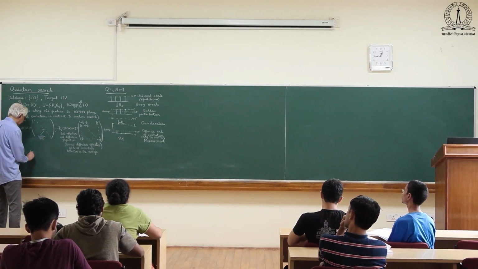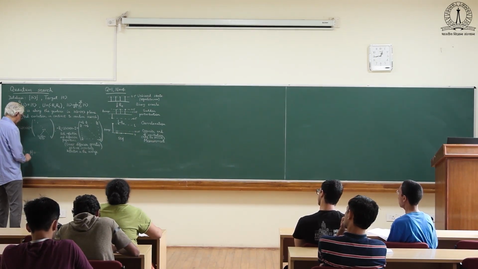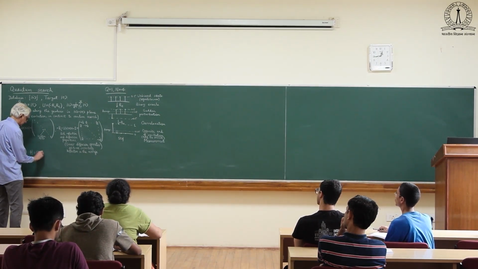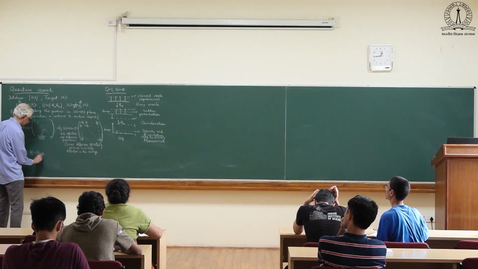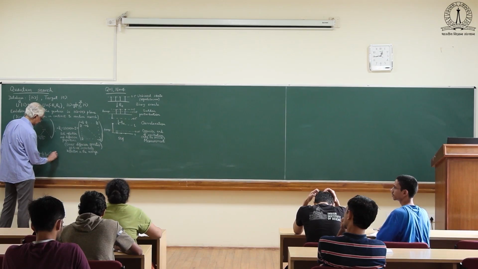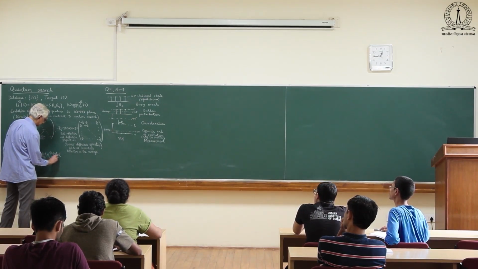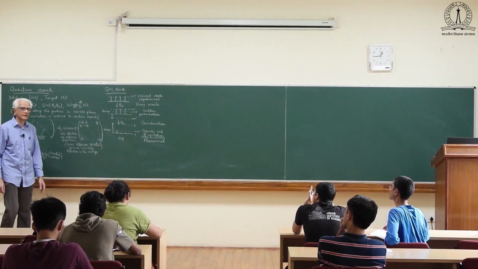So he wrote down the simplest thing which everybody works with, classical or quantum: the Hamiltonian has two parts, kinetic energy plus potential energy. Nothing more complicated than that.